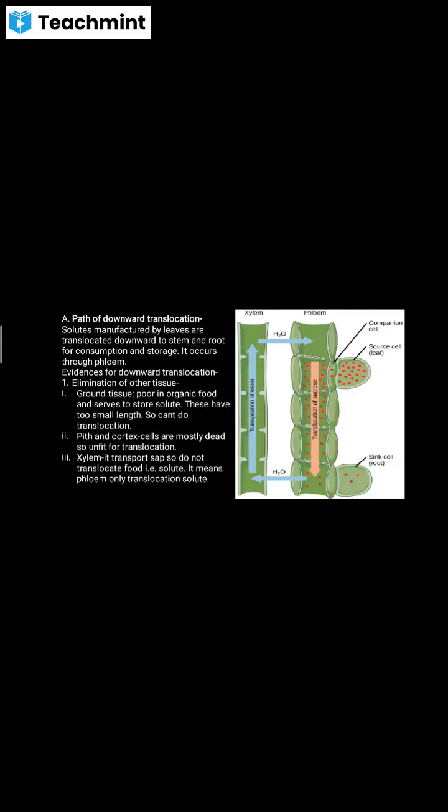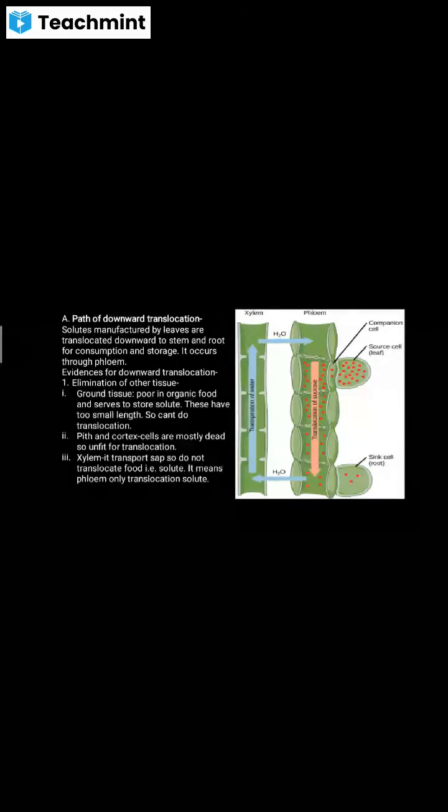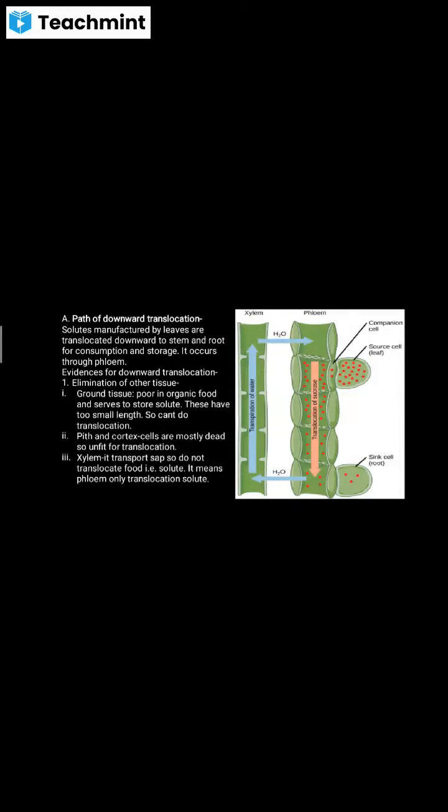So the transportation of sucrose takes place from top to the bottom, that means from leaves to the roots. Some evidences show the downward translocation in plants. The first one is the elimination of other tissue.